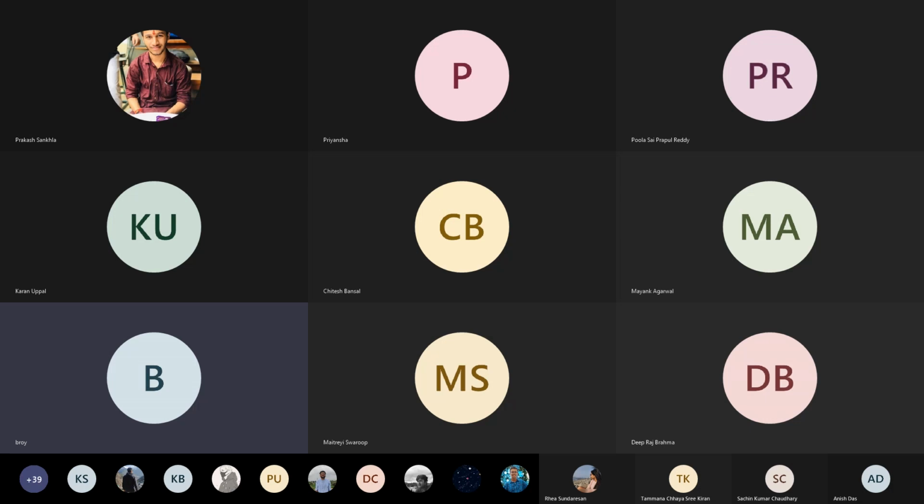So, question: if the user inputs a string of greater than specified length, then can we keep the first characters?